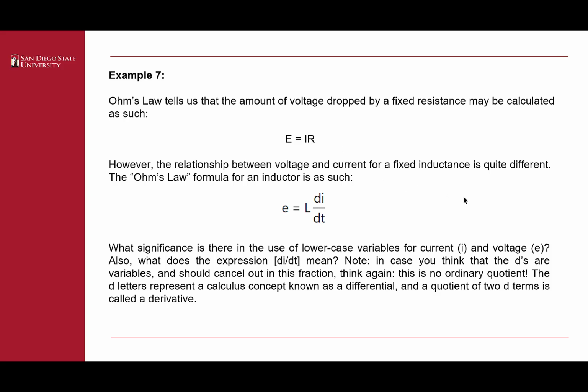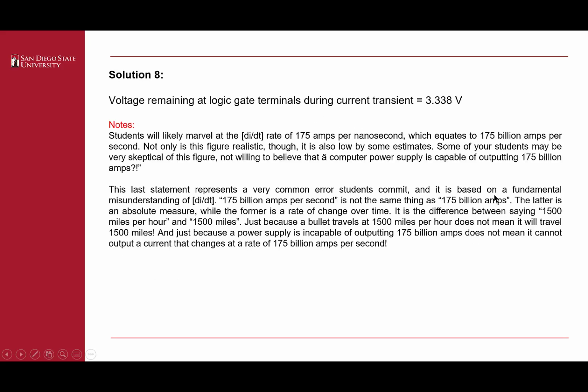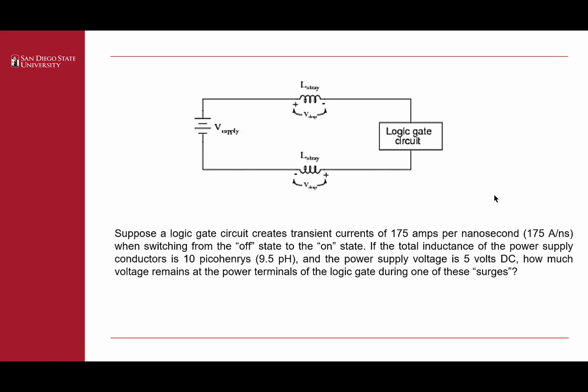Let's turn back to our question. Here we already know the combined inductance of these conductors, so we don't have to deal with two separate inductors. The question itself gives the combined inductance as 10 picohenries.